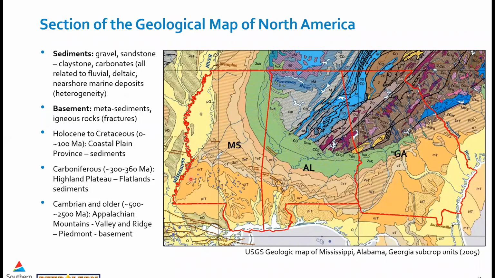Most of them are related to fluvial to deltaic nearshore marine deposits, which means they have some sort of heterogeneity in the layers. So it can quite easily change from sandstone to more claystone in the fluvial deltaic marine environments.